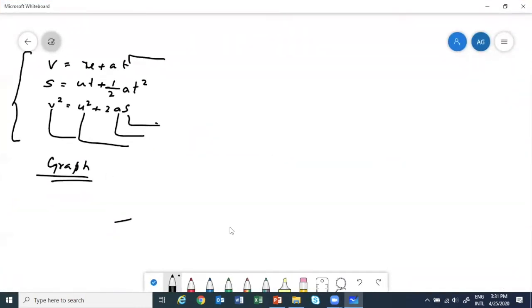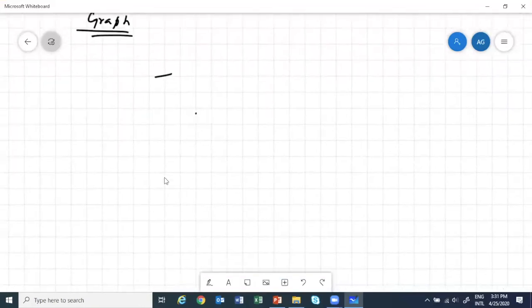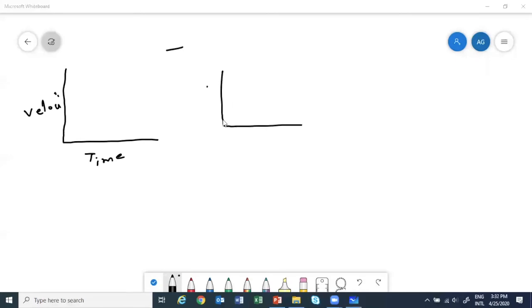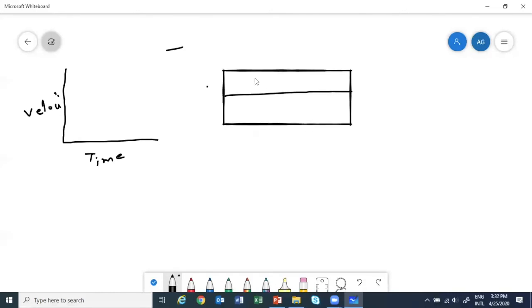In the graphical representation, you can understand if, suppose, this graph is time and velocity, if it is uniform, it means same interval and same velocity. Sorry, first we will take with the distance. Okay, so distance time graph.